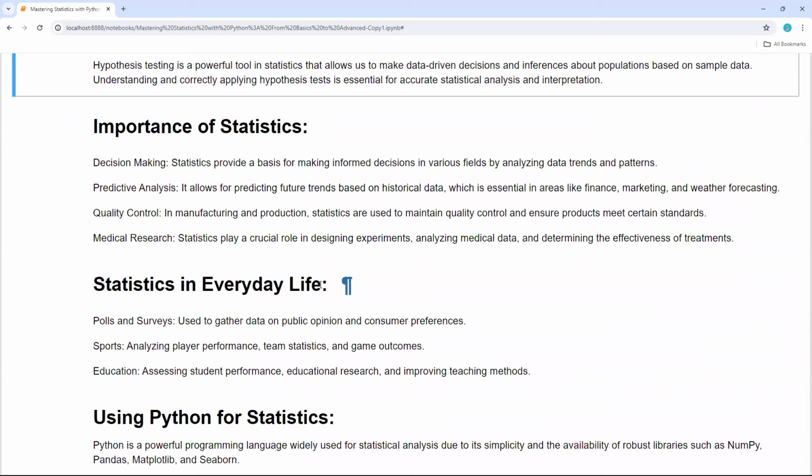Statistics provide a basis for making informed decisions in various fields by analyzing data trends and patterns.